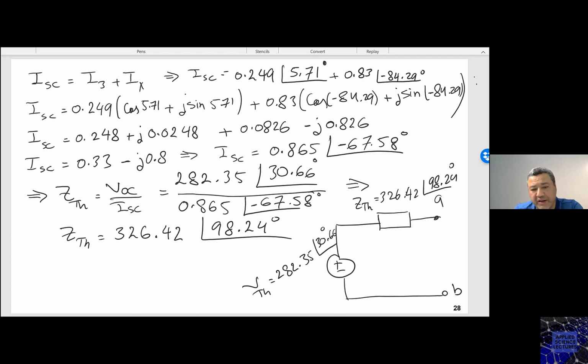We did KCL. We did Ohm's law. Basically, in this question, we've gone through most of the circuit, nodal analysis, most of the laws, and most of the analyses that we have learned in this course. Any questions so far about how did we solve this example?